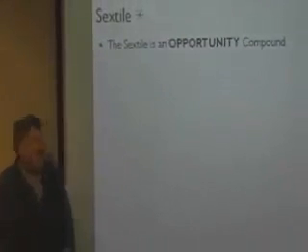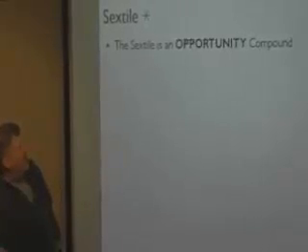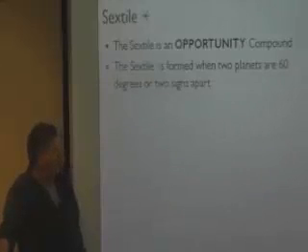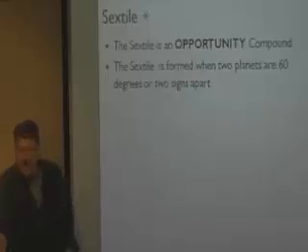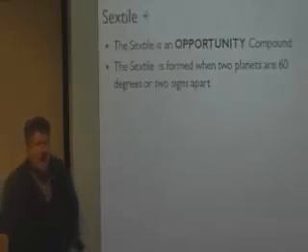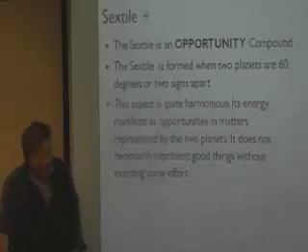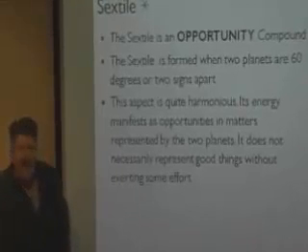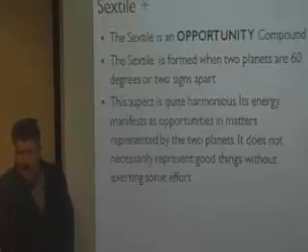Sextile means 60. And we call this an opportunity compound. Now that sounds good, doesn't it? We all like opportunities. So this is whenever planets are 60 degrees or 2 signs apart. This is a harmonious and powerful aspect, though it's not a really powerful aspect.